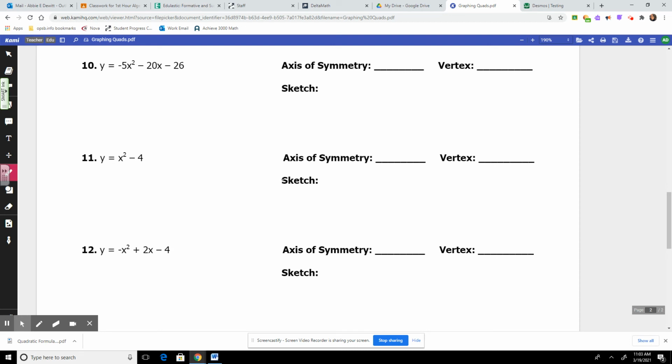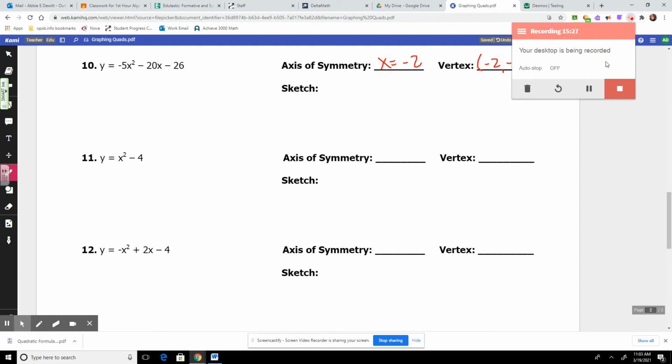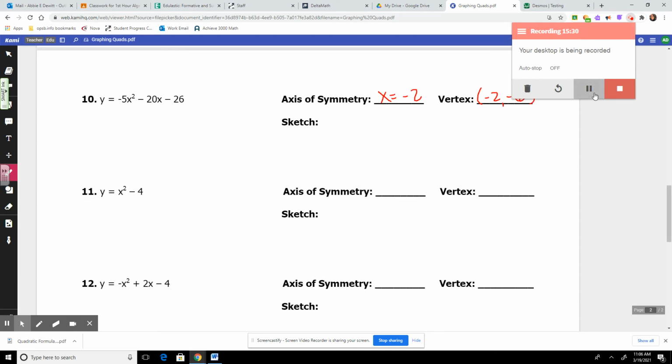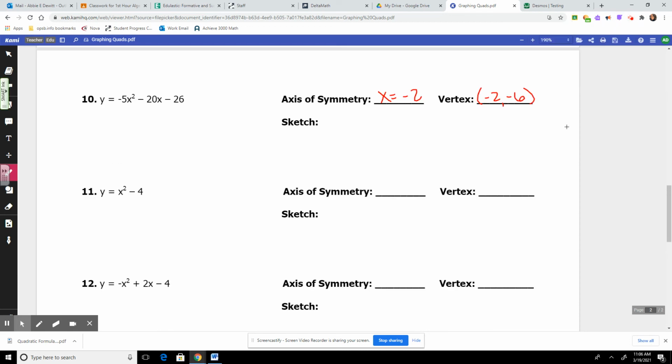The axis of symmetry is x equals -2, and the vertex is (-2, -6). Okay, and at that vertex, your graph would be a maximum. Your vertex is a maximum point.